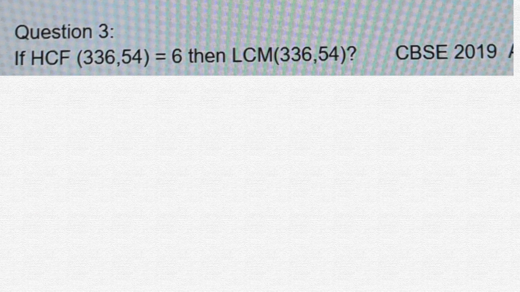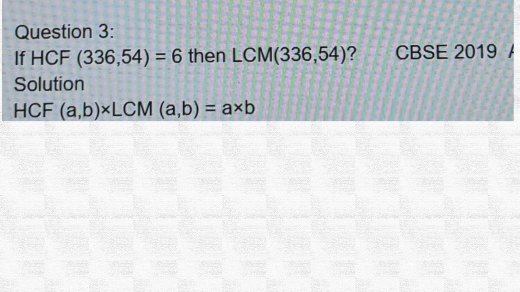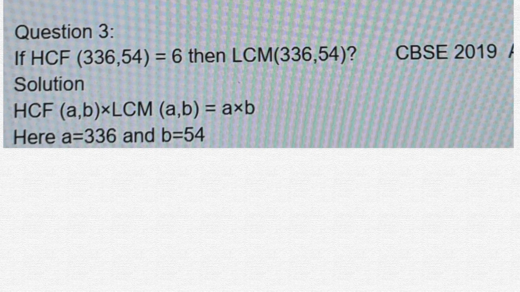Question 3, if HCF(336, 54) equals 6, then find LCM(336, 54). This question appeared in CBSE 2019. Solution. HCF(A, B) times LCM(A, B) equals A times B. Here A equals 336 and B equals 54.